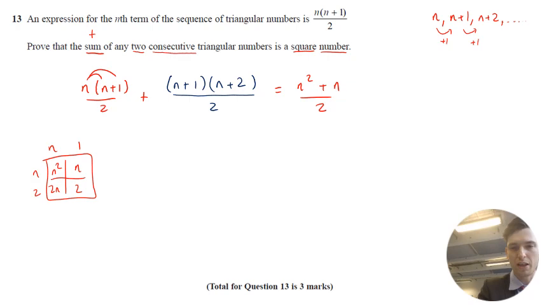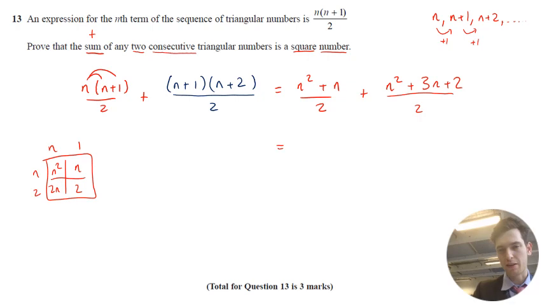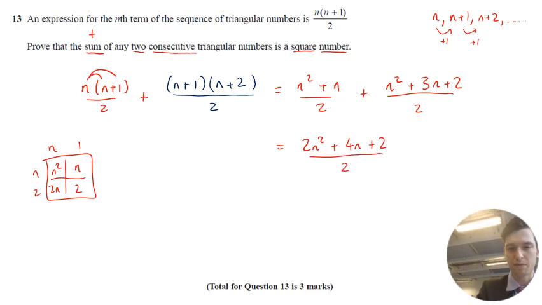The second one is n squared plus 3n plus 2 over 2. Now, if I add those together, I've got n squared plus n squared, which is 2n squared, n plus 3n, which is 4n, plus 2. And you should be able to notice that I can divide all of these terms by 2.